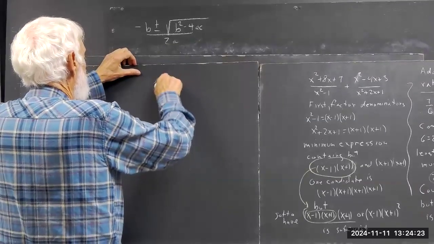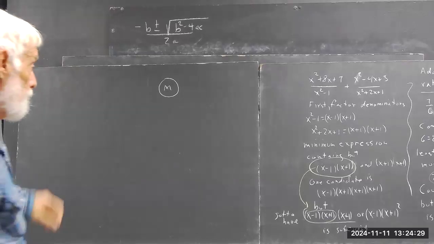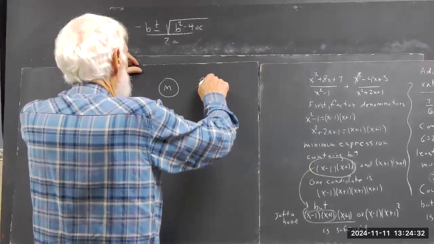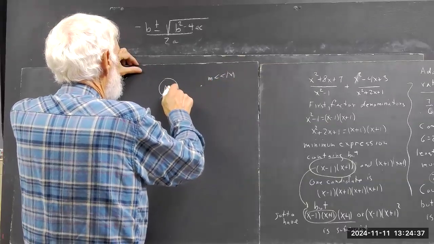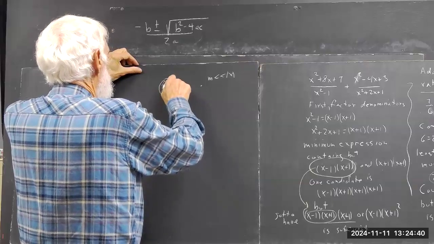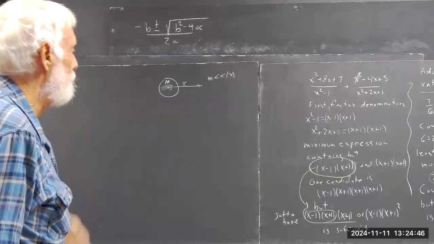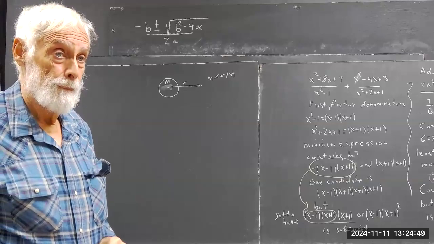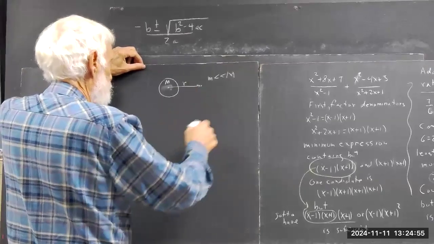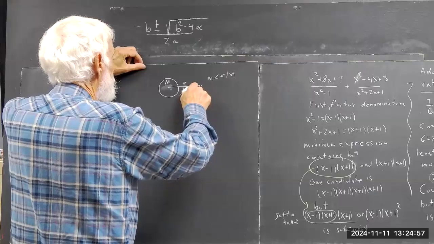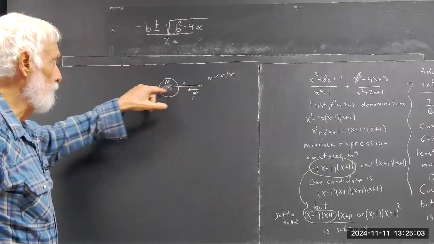So if you've got a mass, big M here, and a much smaller mass, little m, in the distance, center to center is r. Then you're going to have a force of attraction. It's going to be toward the center.